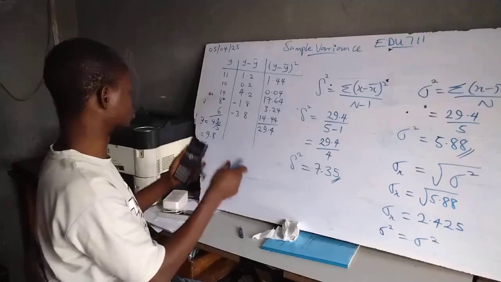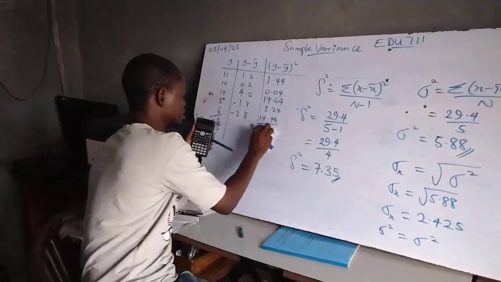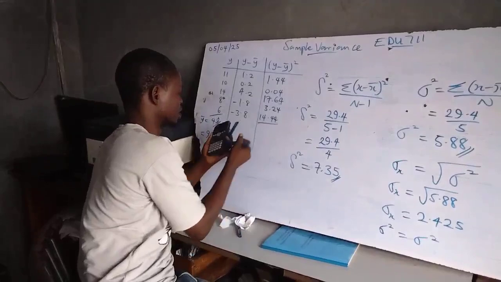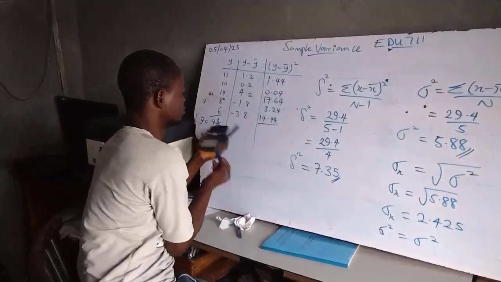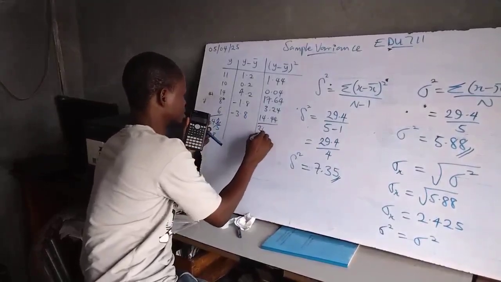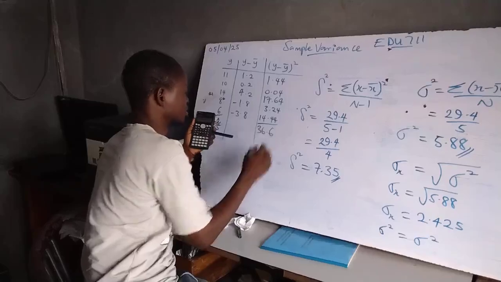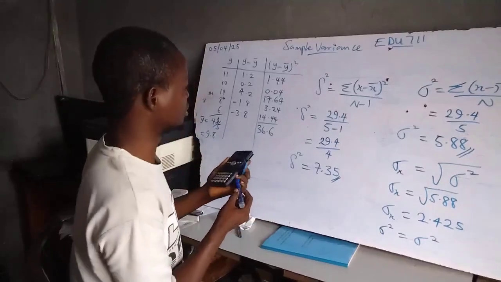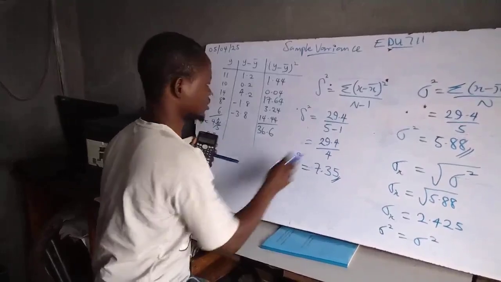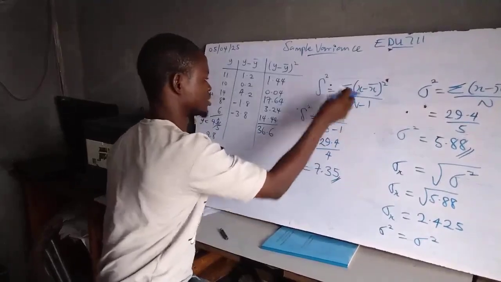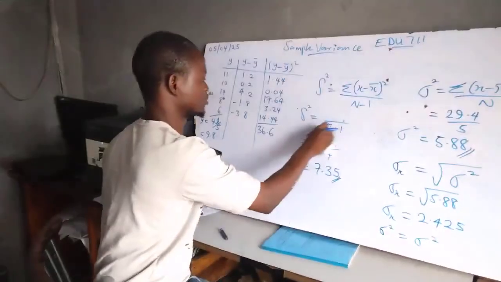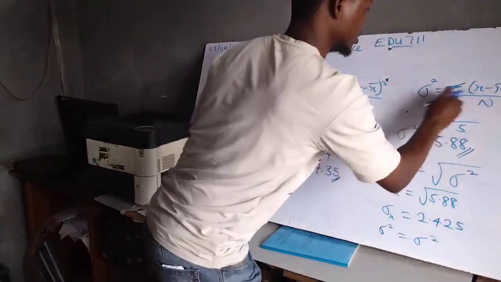That is equal to 36. That's a huge difference. So 36.6. So this will be 36.6.